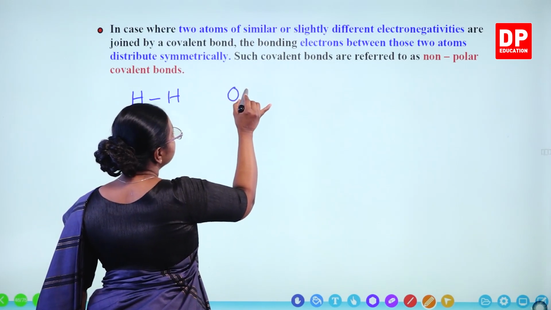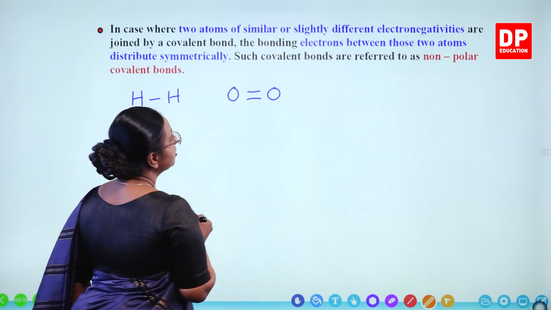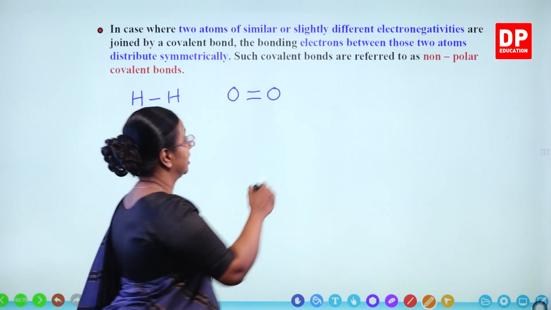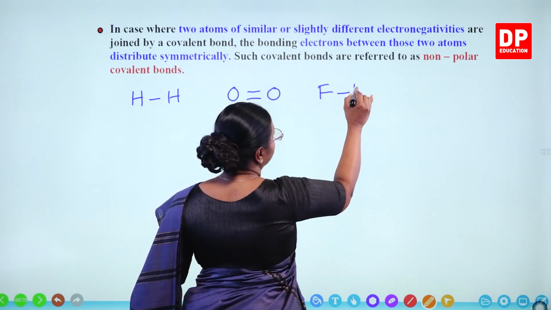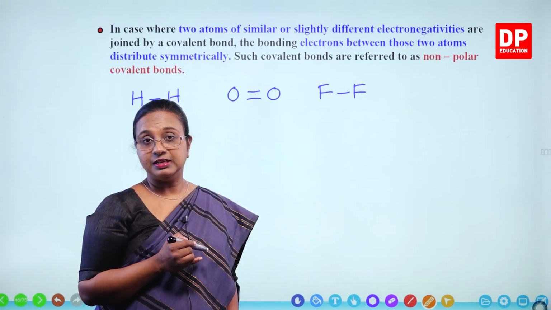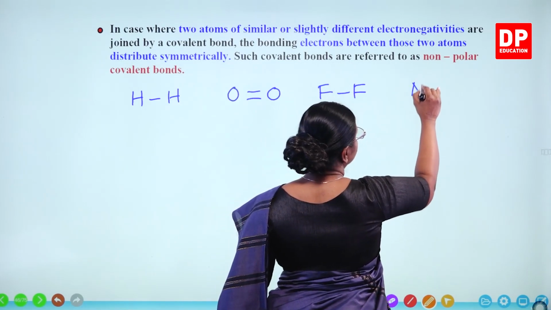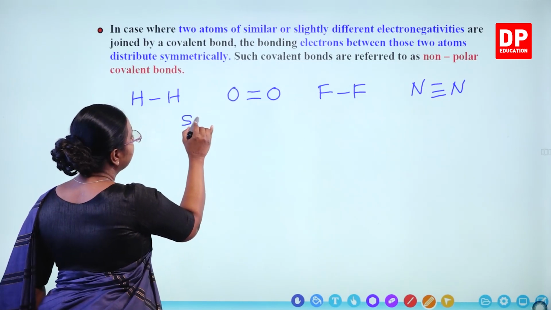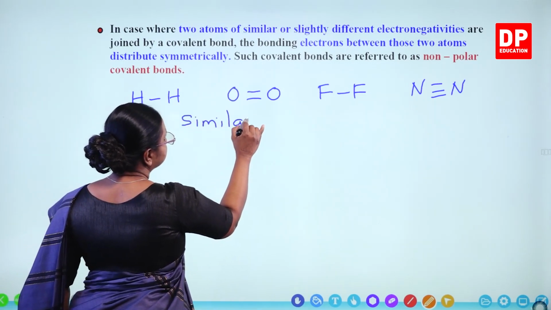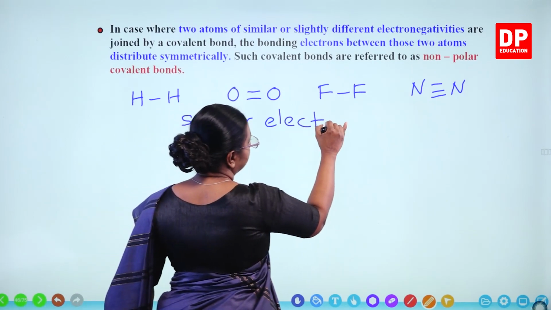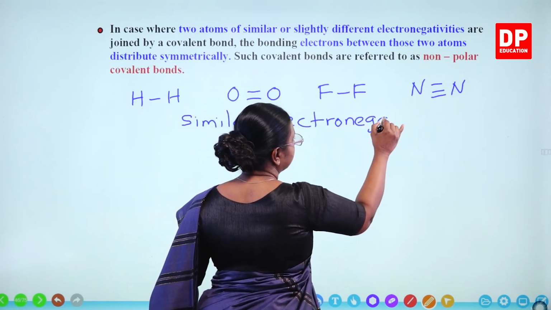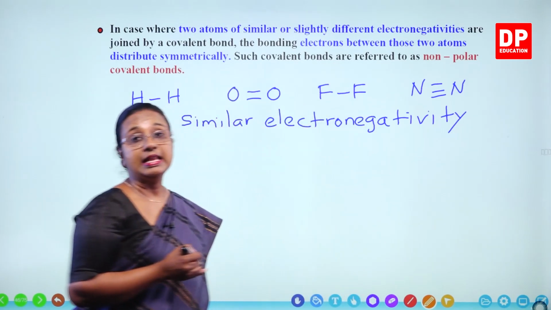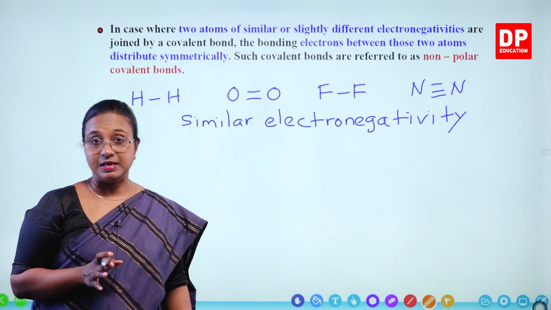Even if you take the most electronegative elements, like oxygen, both are oxygen atoms, so they have similar electronegativity. Fluorine molecule, similar electronegativity. Or even nitrogen with the triple bond, these all have similar electronegativity. Why? They are atoms of the same element.